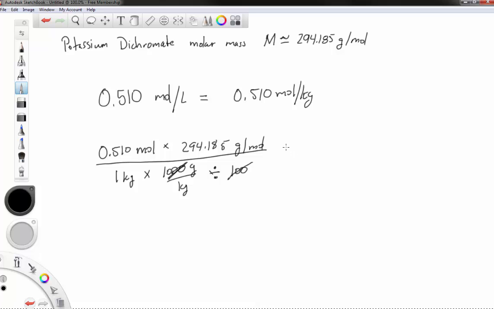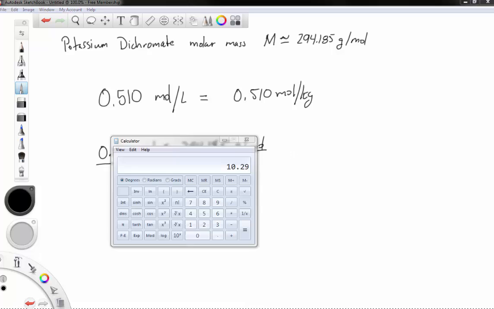Top part, what we do is we just multiply the 0.510 times the molar mass, which was 294.185.